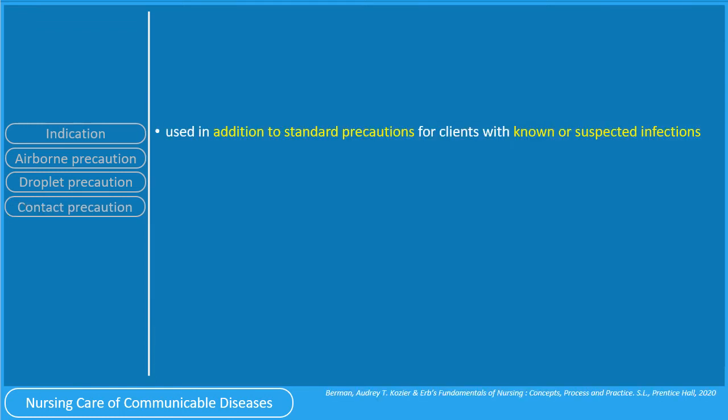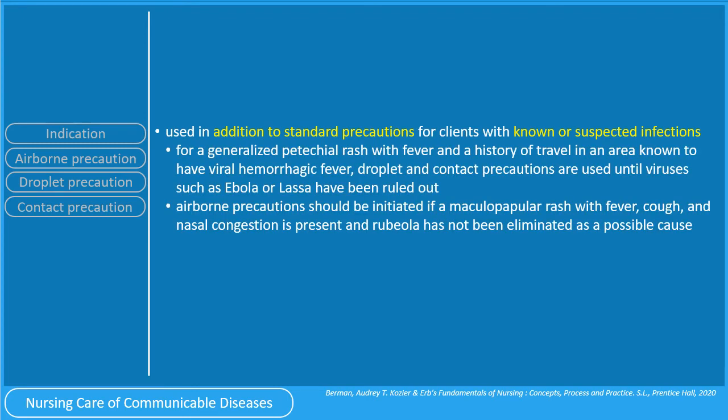Remember, the transmission-based precaution is used in addition to standard precautions for clients with known or suspected infection. CoSure specifies that for a generalized petechial rash with fever and a history of travel in an area known to have viral hemorrhagic fever, droplet and contact precautions are used until viruses such as Ebola or Lassa have been ruled out.